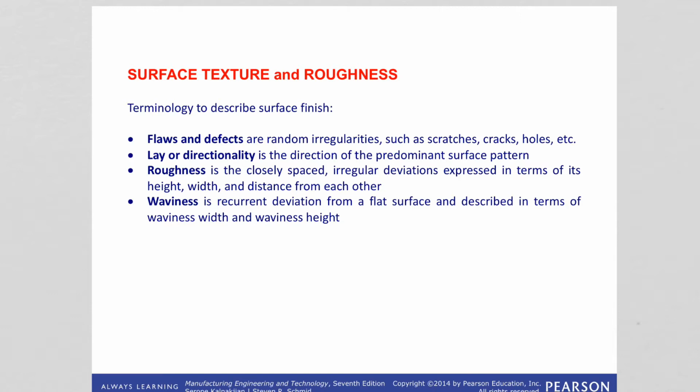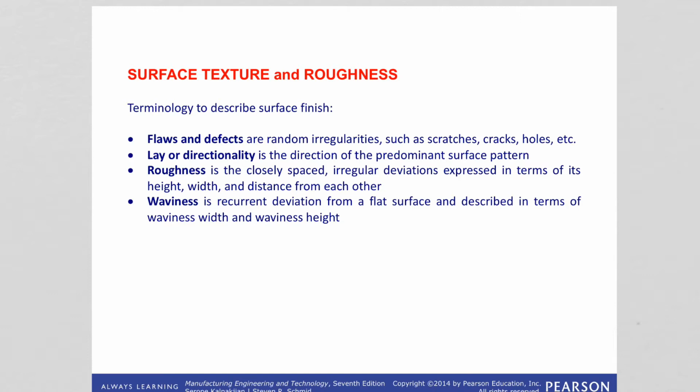Although their description is complex, there are guidelines that have been established for us so we can define a surface texture with measurable quantities. So surface texture is defined by 4 features: roughness, waviness, lay or directionality, and flaws or defects.